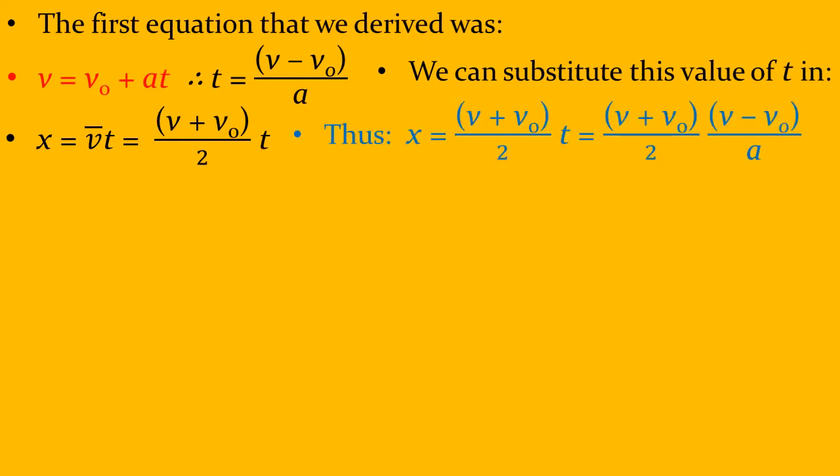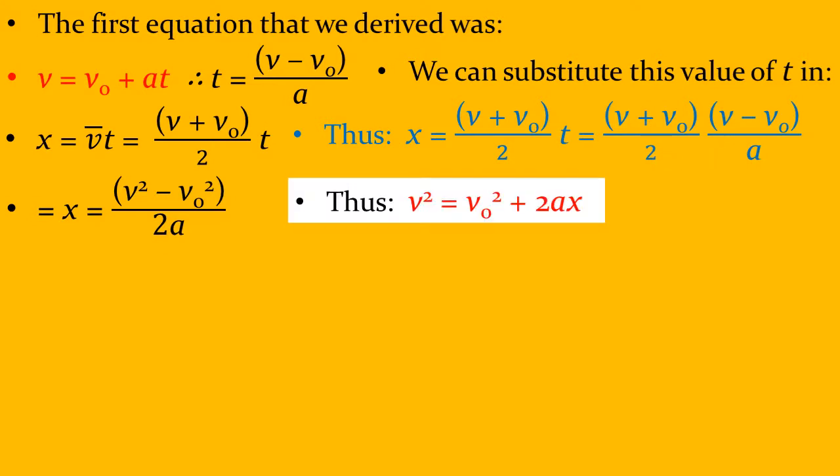If we do that, I get x equal to v plus v0 by 2, which is already here, and the value of t, v minus v0 by a. Now, v plus v0 into v minus v0 is v square minus v0 square, and in the denominator I have 2a. By rearranging this equation, I get v square is equal to v naught square plus 2ax.